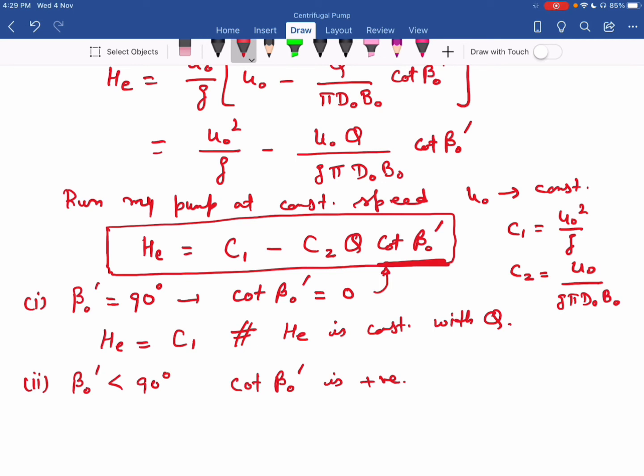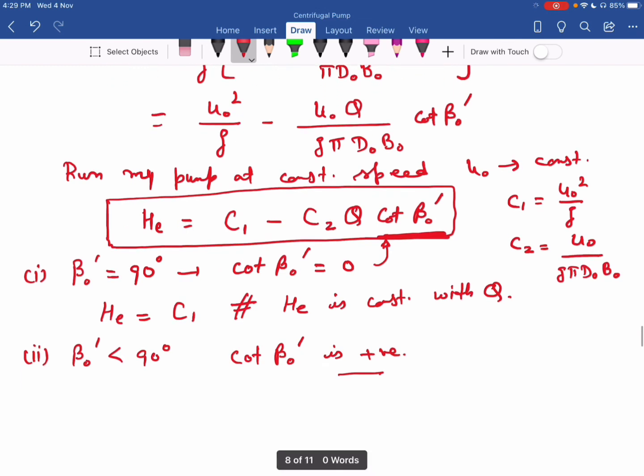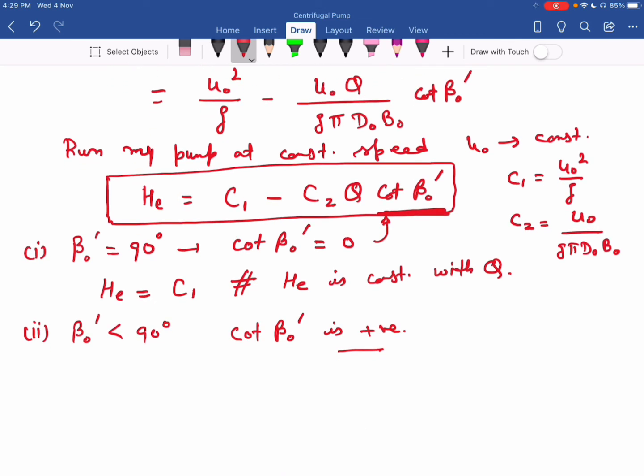So that means if you put this positive value into above equation of He, you can say that He decreases with discharge. When my Q increases, because in that relation here is the negative sign, so you can see He equal to C1 minus C2 Q cot of beta O dash. So here is my negative sign. So due to this negative sign, you can say when my Q increases, He decreases.